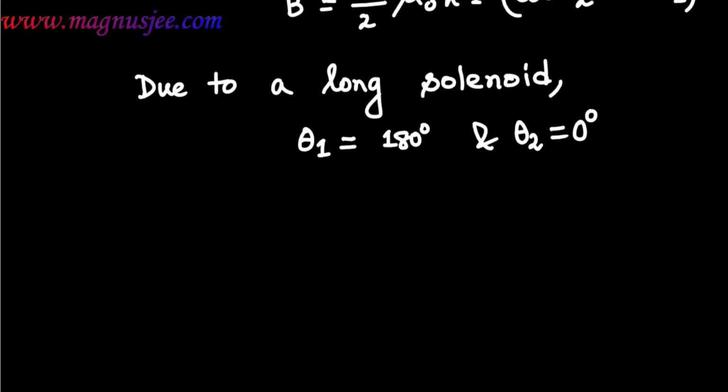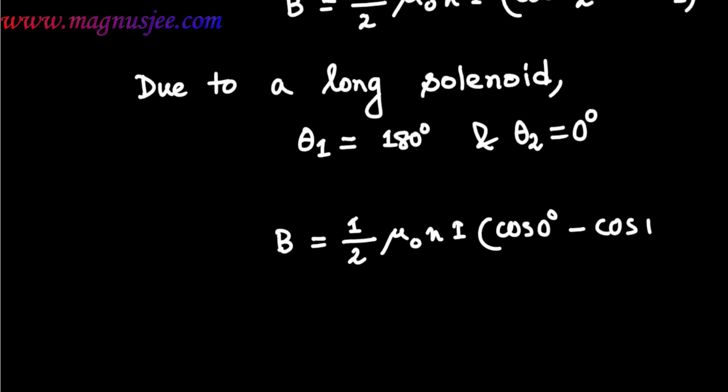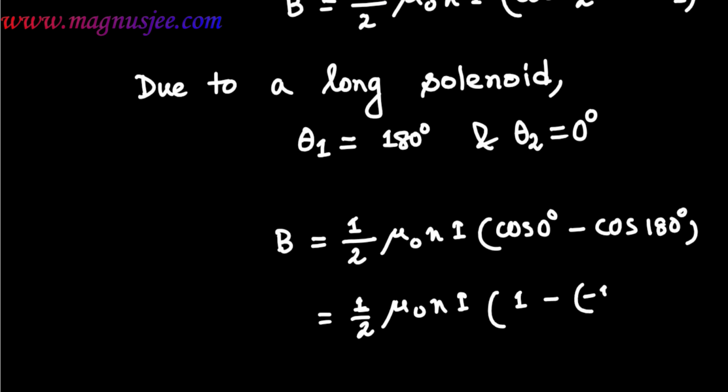Here θ1 will be 180 degree, the oblique distance being opposite to the axis, and θ2 will be 0 degree, meaning the oblique distance Py will be parallel to the axis. Therefore B equals 1 by 2 mu 0 ni (cos 0 degree minus cos 180 degree), which is 1 by 2 mu 0 small n capital I (1 minus (minus 1)).